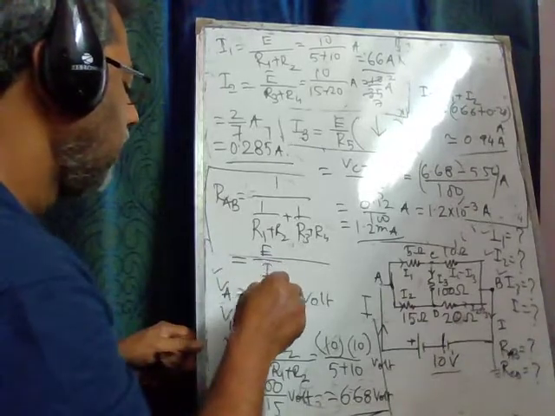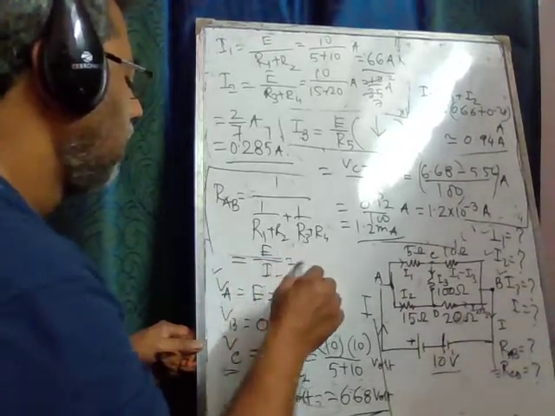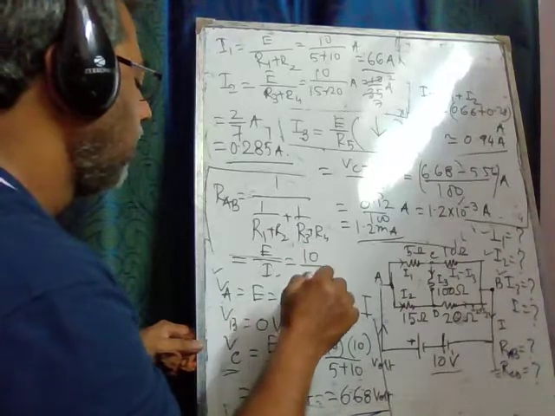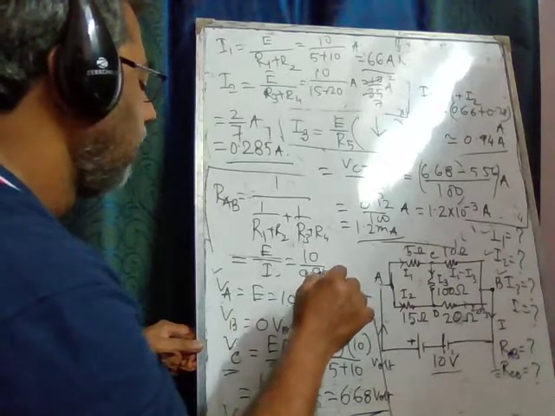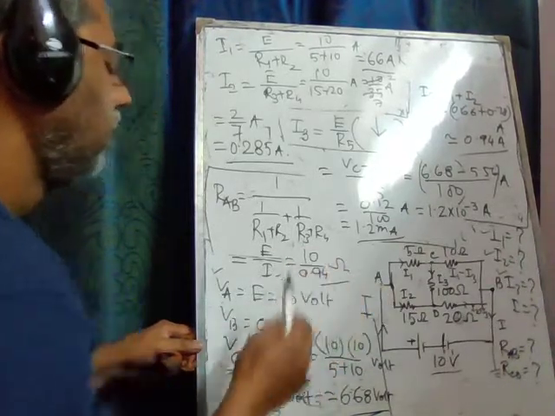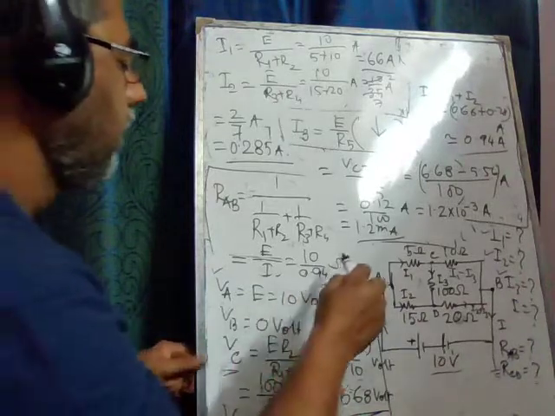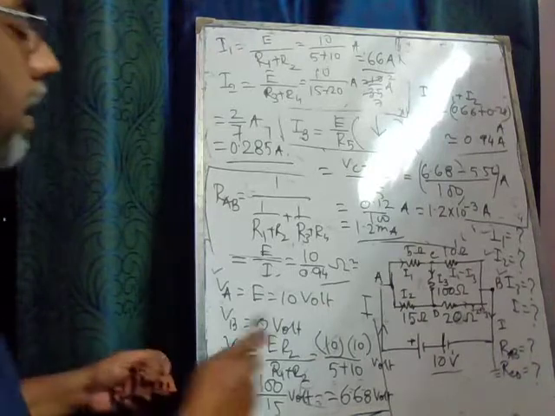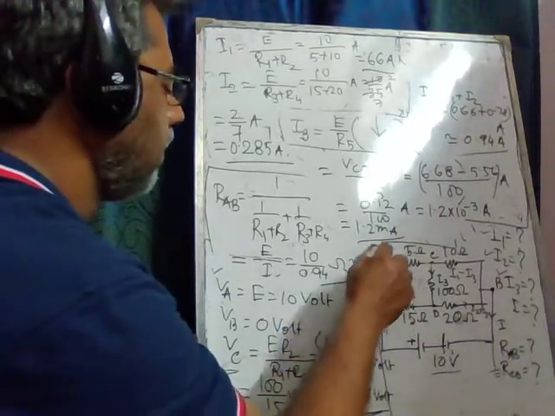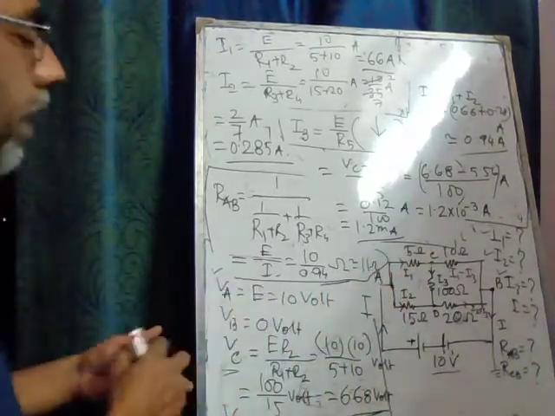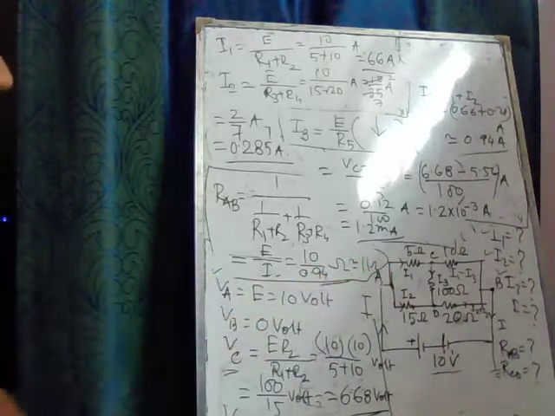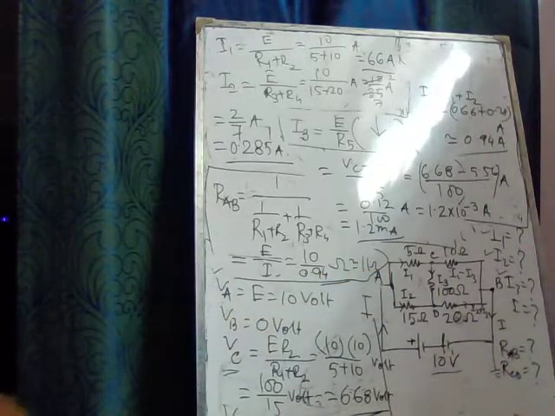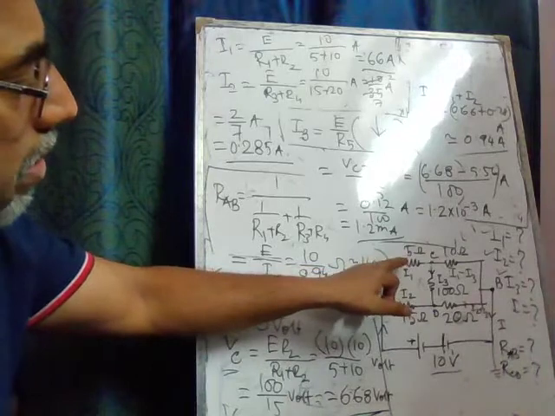So this is 10 over 0.94 ohm, which is approximately something greater than 11 ohm. So the effective resistance of this network is 11 ohm nearly, which is less than both the branch resistances.